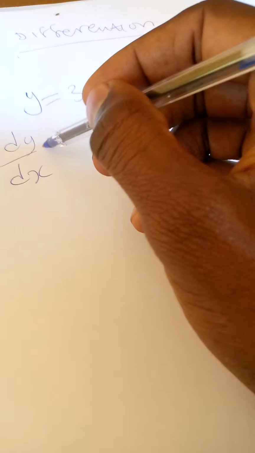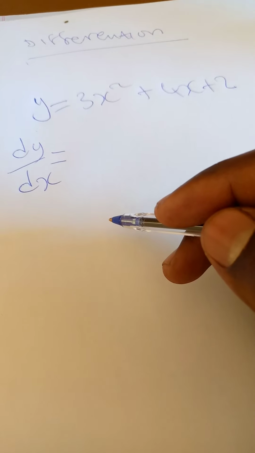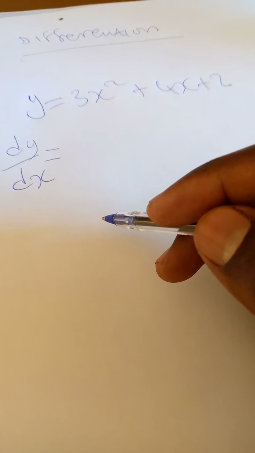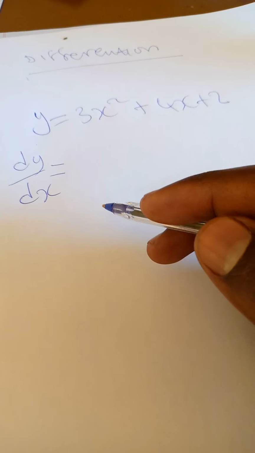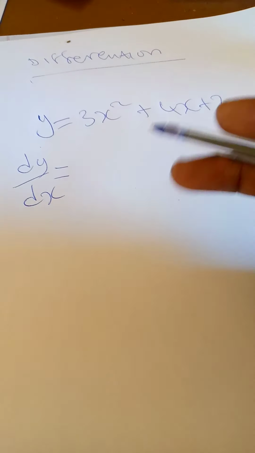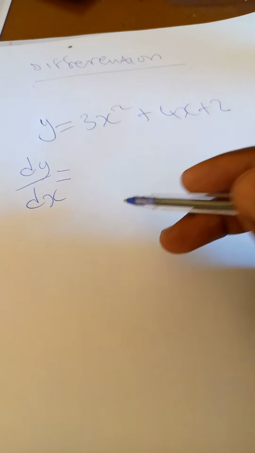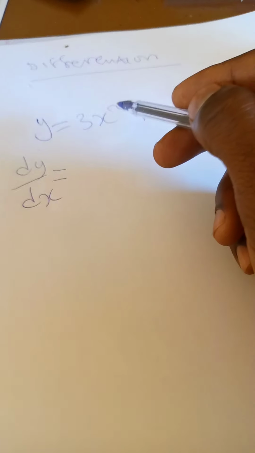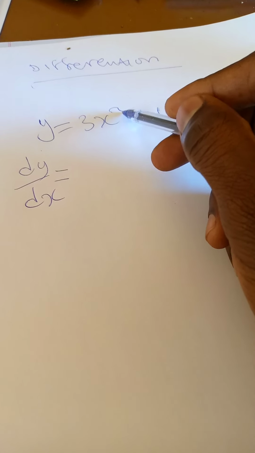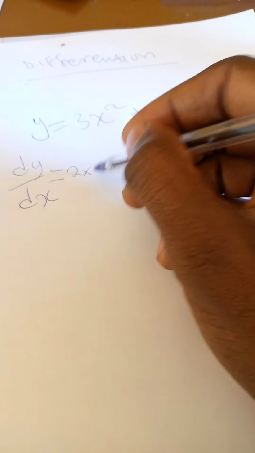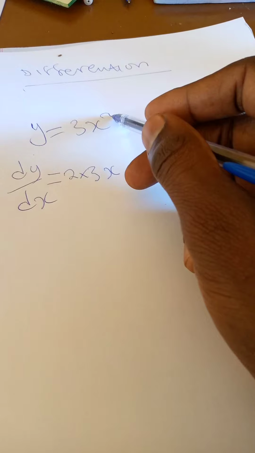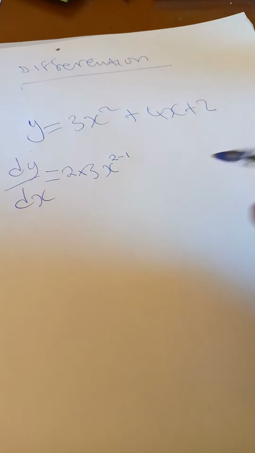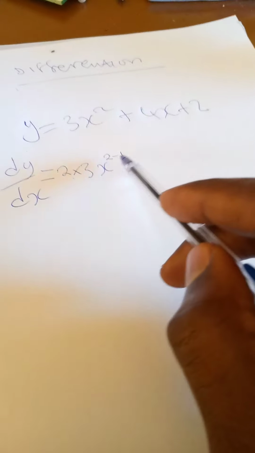The principle behind differentiation is you times and take, or it's just a multiplication and take. What I mean is I have to get this power, the power 2 here. I'll say 2 times 3, then I have to take a 1 from these 2, so this will be 2 minus 1. So it's a times and a take.